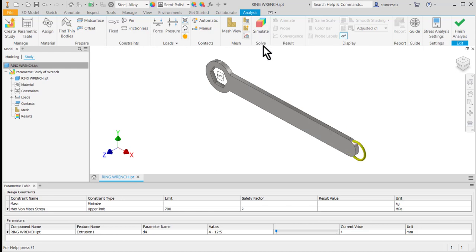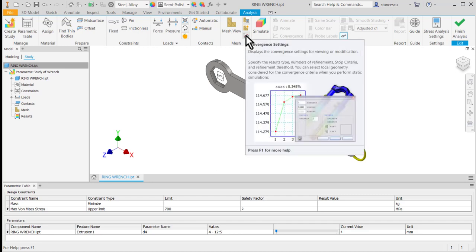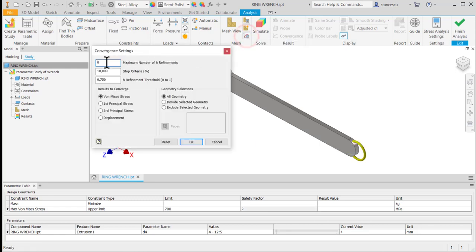You see here in this picture a curve with an asymptotic behavior to the 114 value. This is what happens, and I choose 3 iterations, 3 number of refinements.